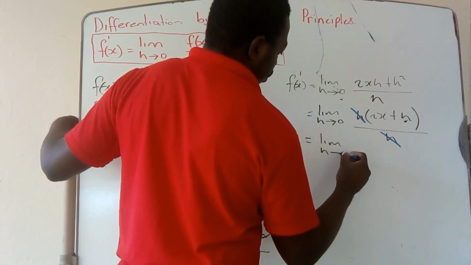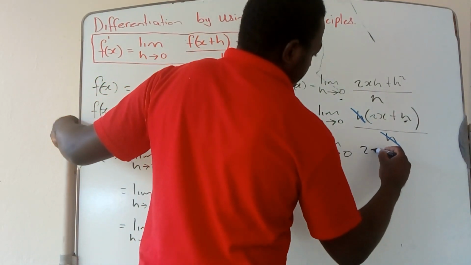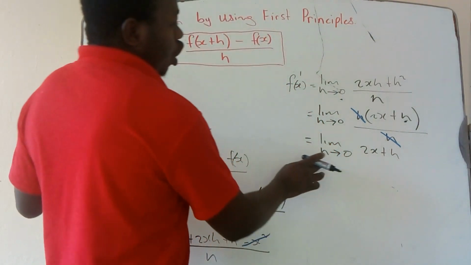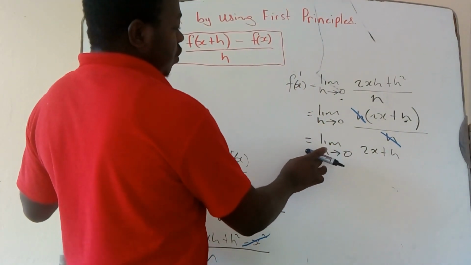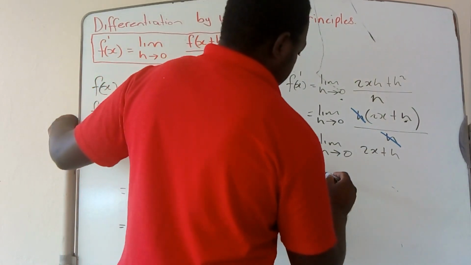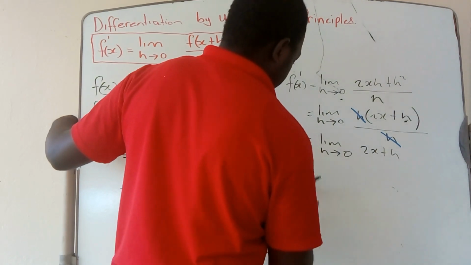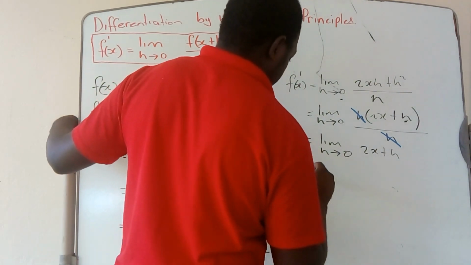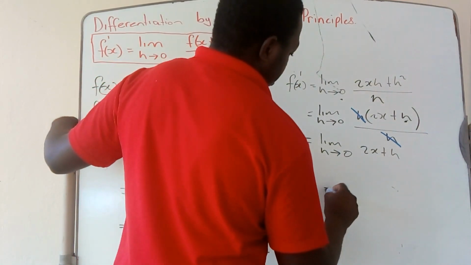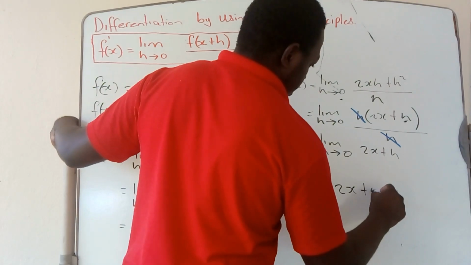So all we are left with is the limit as h approaches 0 of 2x plus h, right? So now we can substitute the value as h approaches 0. So f prime of x, which is the derivative of f of x, is equal to 2x plus 0.